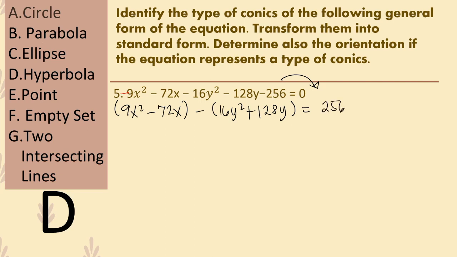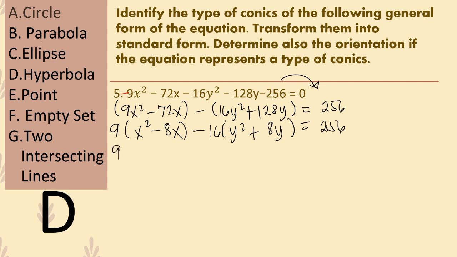Factor lang natin itong x and y's. So, labas natin itong 9. X squared. And then, 72 divided by 9 is equals to 8. Then, labas na natin itong 16. Y squared. 128 divided by 16 is equal to 8. Y.